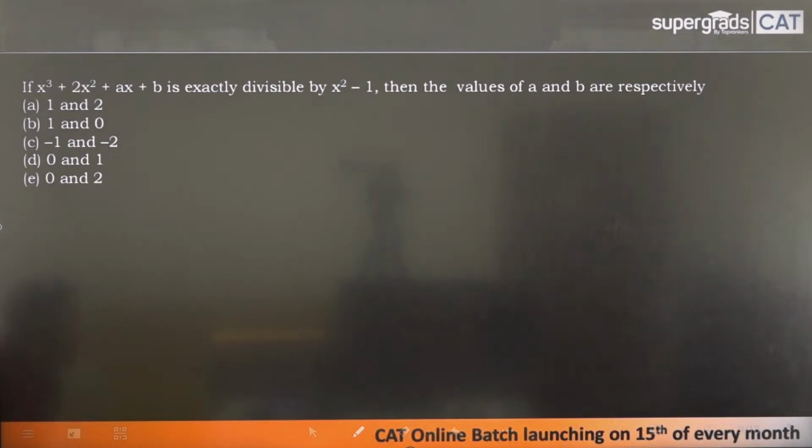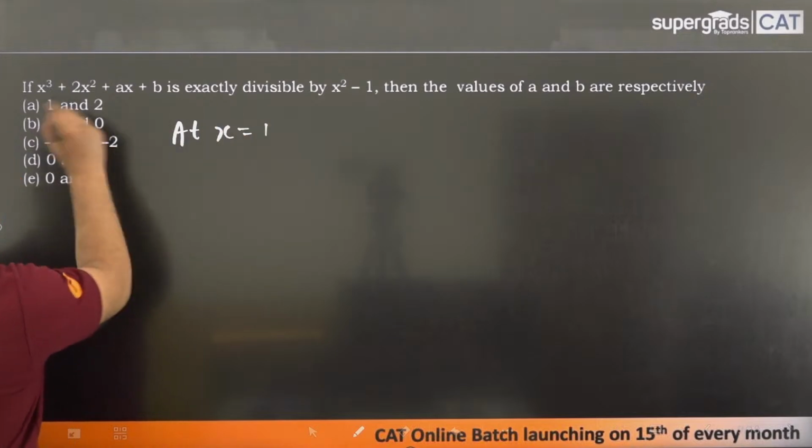What needs to be done here? x की वैल्यू क्या रखेंगे? Plus 1 and minus 1, exactly. Very good. Because x square minus 1 equal to 0. Cool. So once you do that, you'll get the answer.